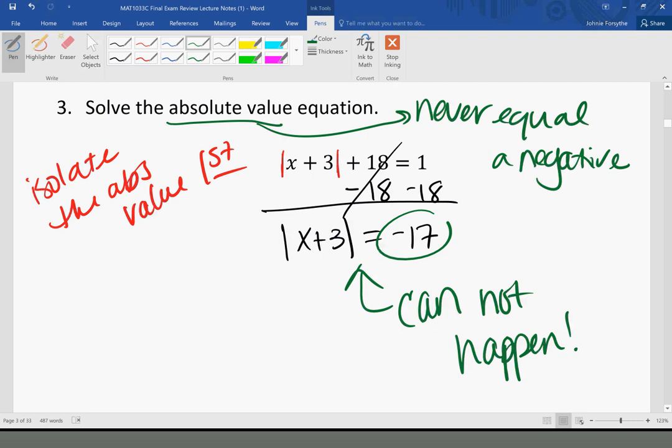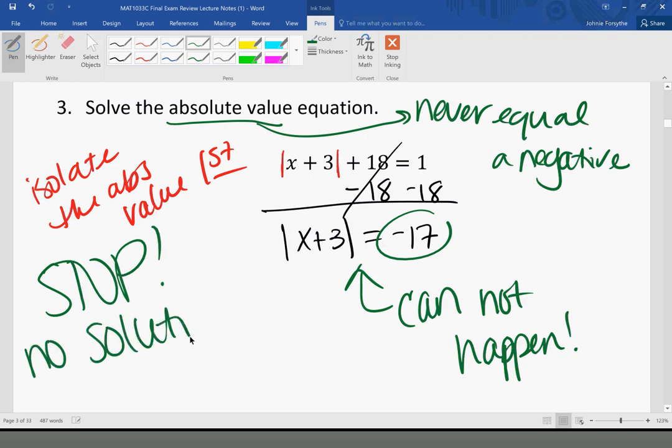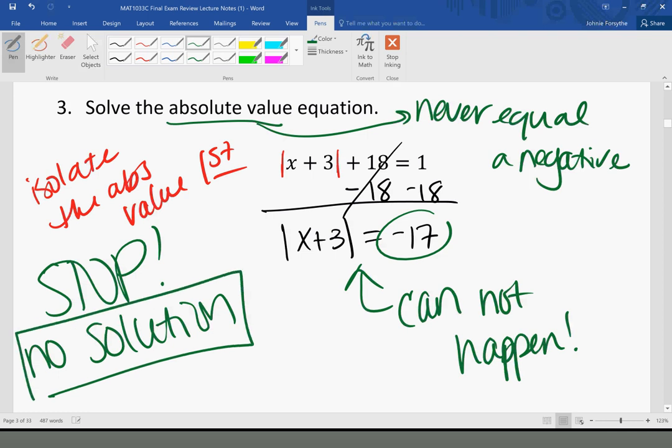So if you see this, if you get the absolute value by itself and it equals a negative number, you can stop right there because it is no solution. That is the answer. You're not going to keep going and trying to solve this because this cannot happen.